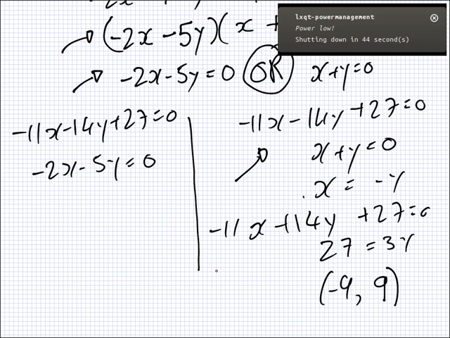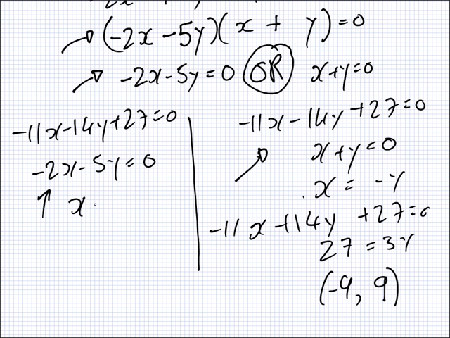So you could rearrange this one here to say x equals minus 5 over 2 y. Couldn't you?